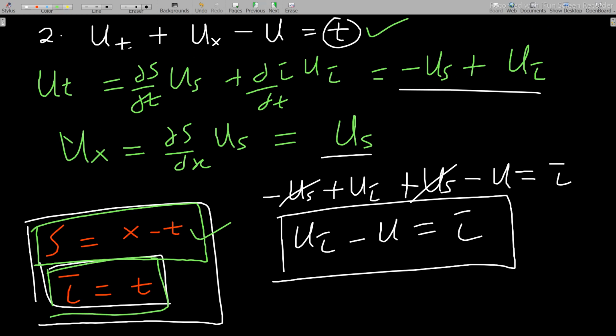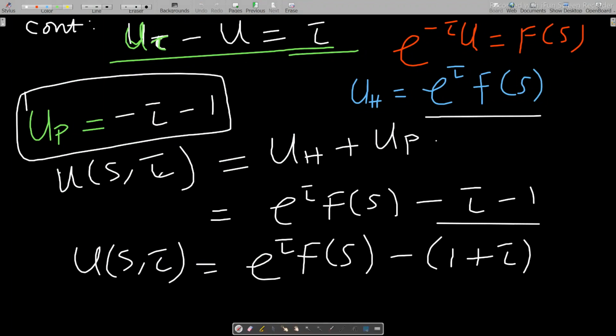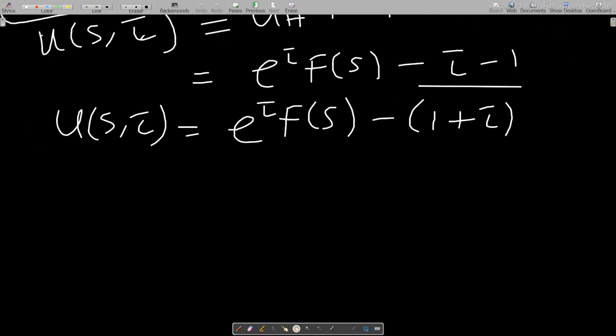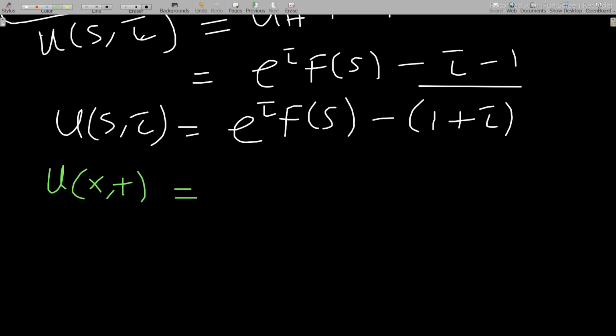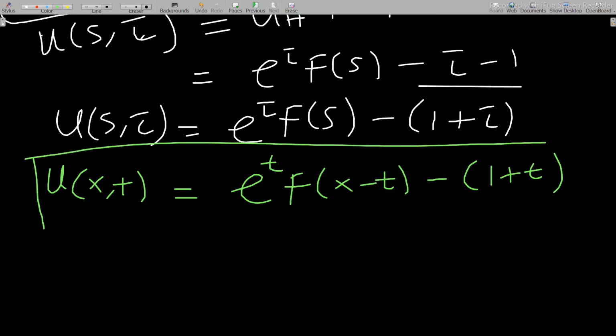So you come back to our equation, and the solution to this question, u of x comma t, should be equal to e to the power t, f of x minus t, minus, 1 plus t. So this is the solution to our question.